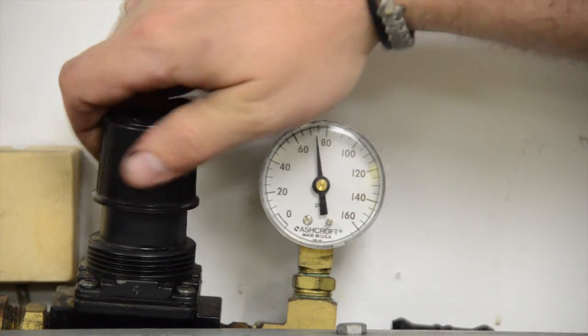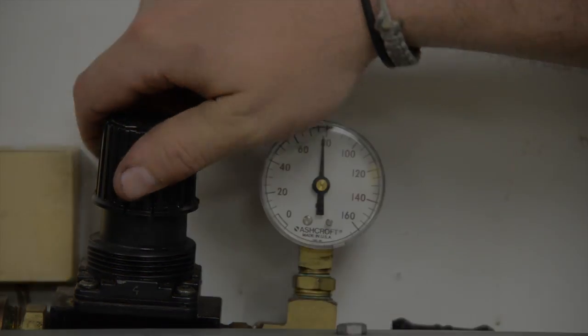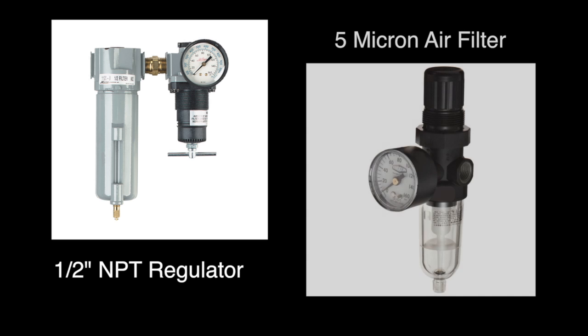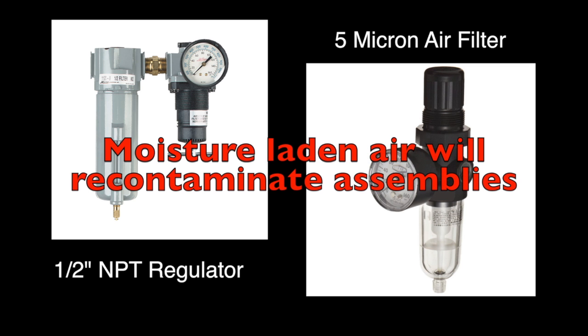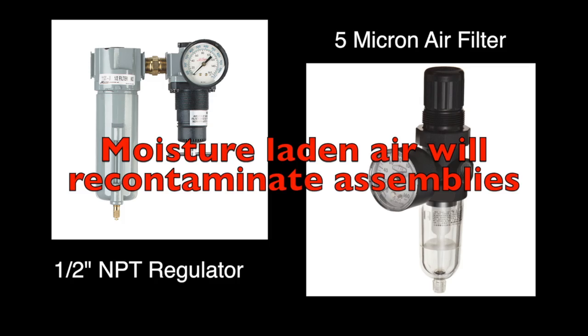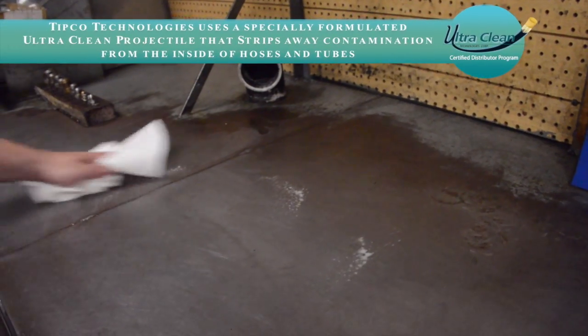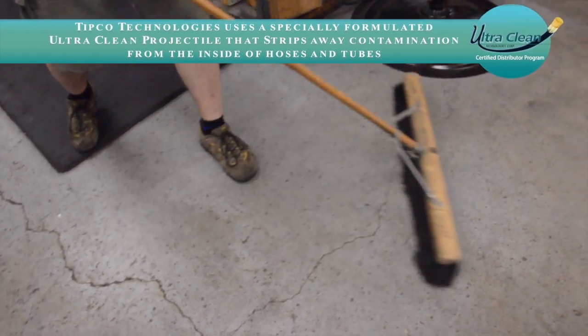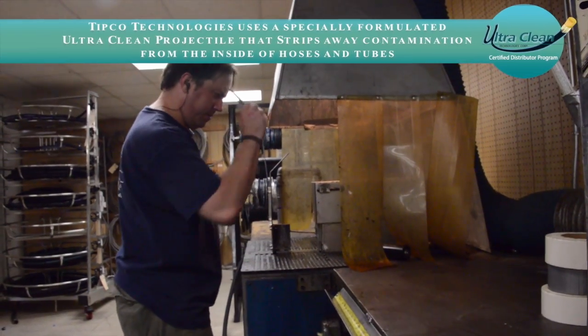We strongly suggest a 1/2-inch NPT regulator with gauge and a 5-micron air filter to ensure clean, dry air. Dirty, moisture-laden air will defeat the cleaning process by recontaminating your assemblies. Be sure to keep your shop and hose assembly areas clean at all times and always wear safety glasses.